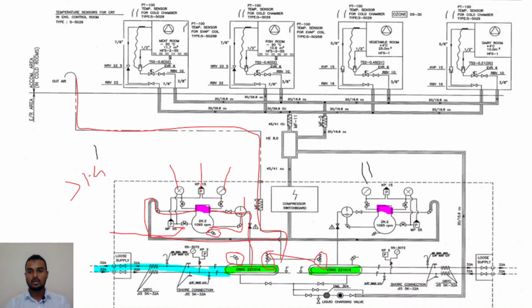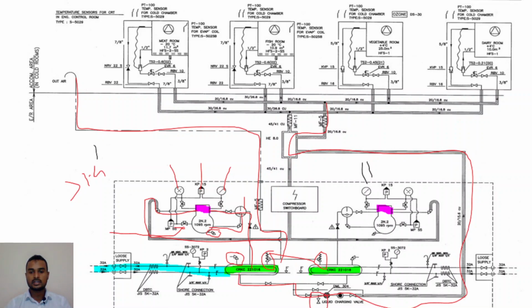So when the refrigerant is cooled by the seawater, then this cold refrigerant will come down through the filter, then the dryer, then through the sight glass, and it comes through the heat exchanger, then it reaches that portion. Here we see the liquid charging valve.